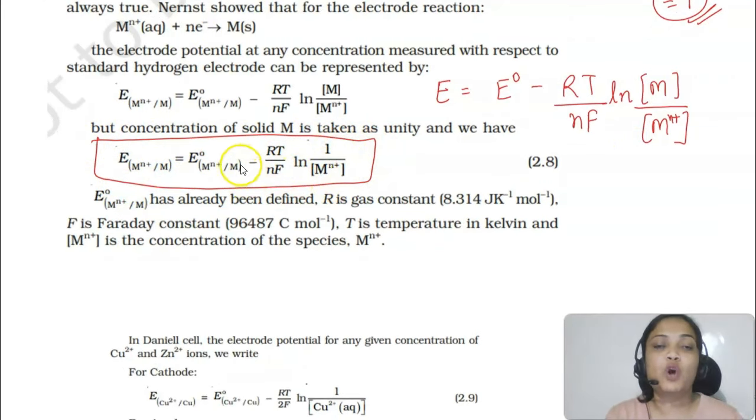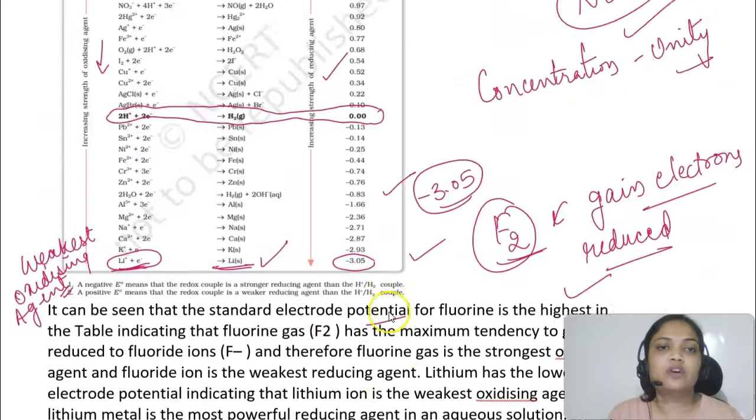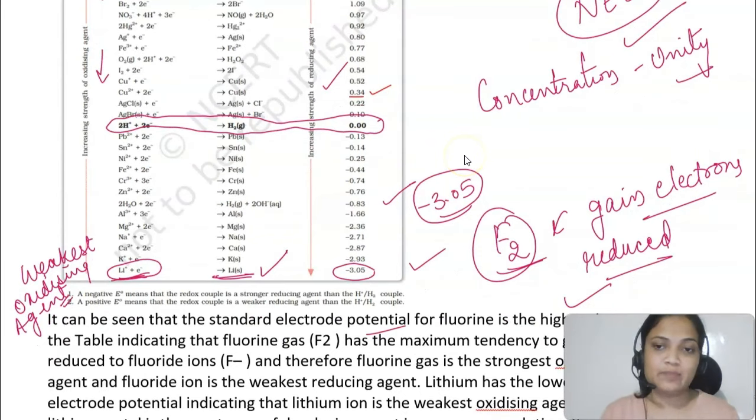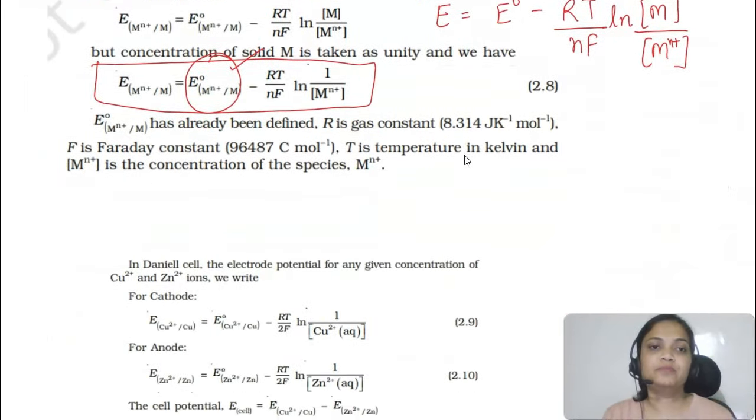Now E naught cell we have already defined. Standard electrode potential for this particular cell, let's say if it is copper, right, E naught, if I am talking about copper, then here you can write that the value of E naught would be 0.34. So that is experimentally determined. But we need to find the E cell. R is the gas constant. In this case, we are taking 8.314 joule per Kelvin per mole.